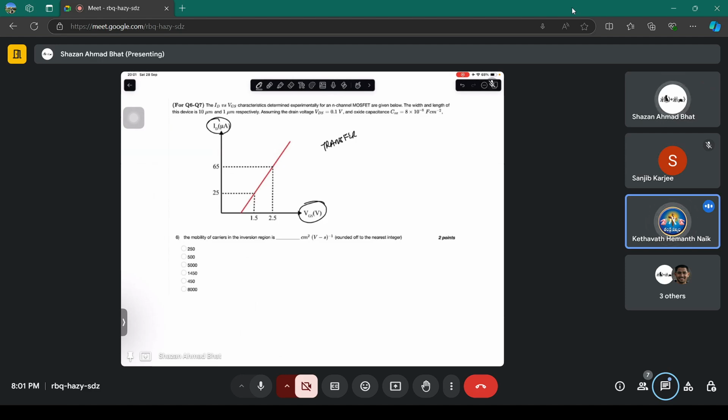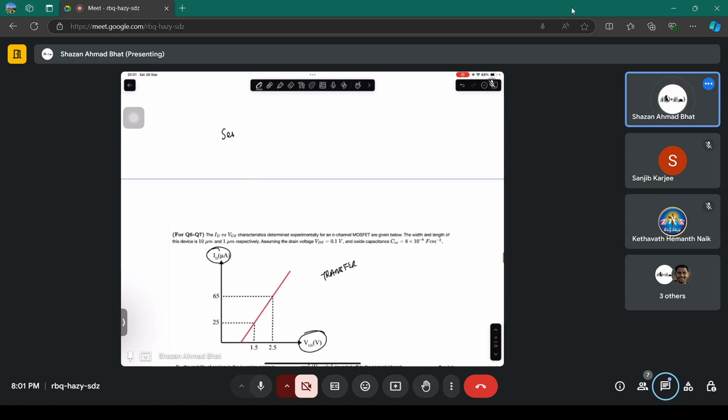The question is what millivolt per decade means. It's just a convention. A decade is mostly used in semi-log plots, meaning one of the axes is in log scale.